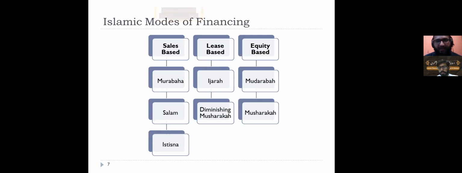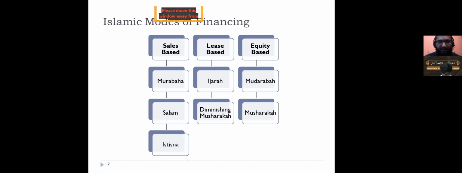Whereas lease-based financing is used when the client's financial need is medium to long term. So when we have fixed assets which have a useful life spanning over 5 years or 7 years or more, then we can go for lease-based financing, but that also depends on the client's financial need.